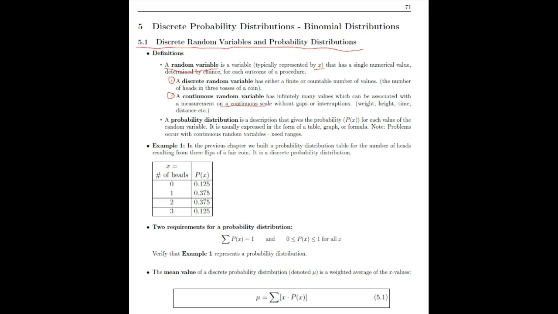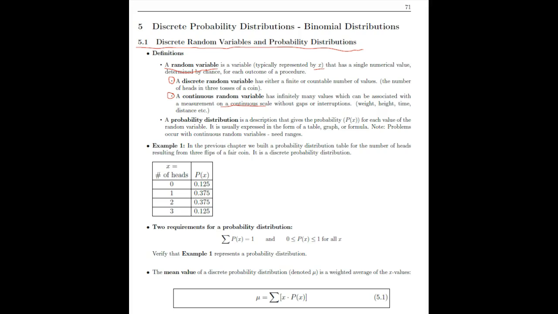Things like weight are continuous. The reason is that I could weigh 180 pounds, or I could weigh 181 pounds, and I could also weigh any amount between those two values, like 180.5, or 180.273, or 180.2735678, whatever.